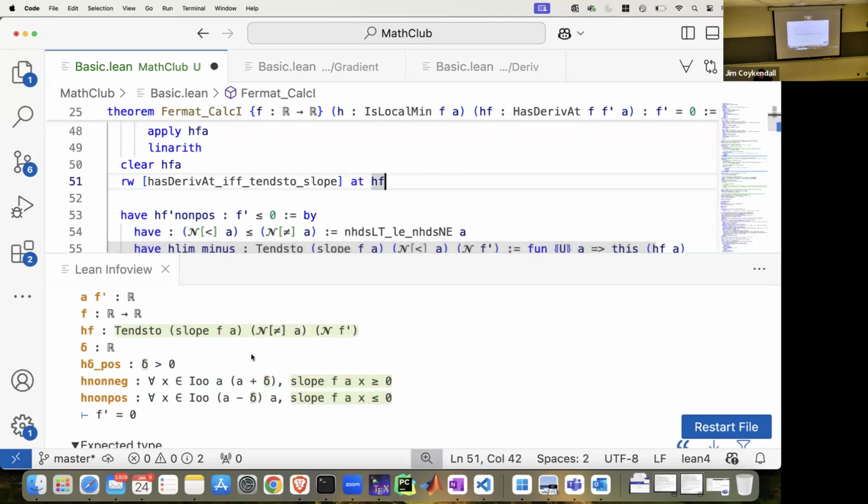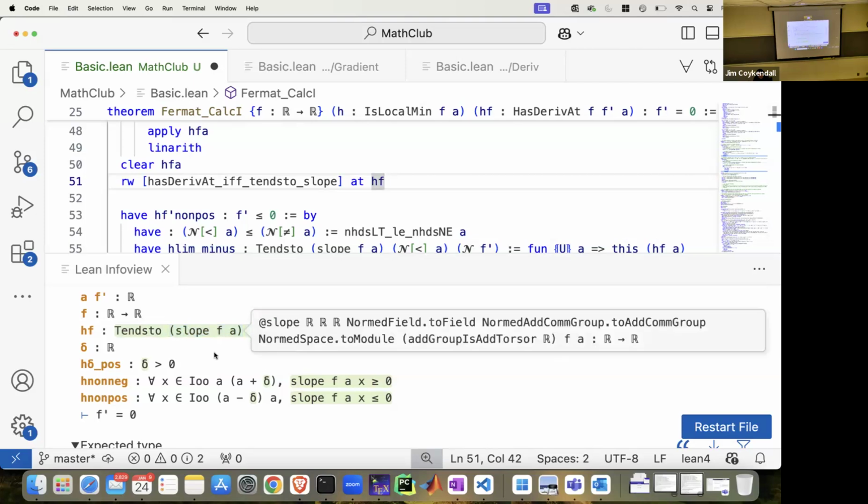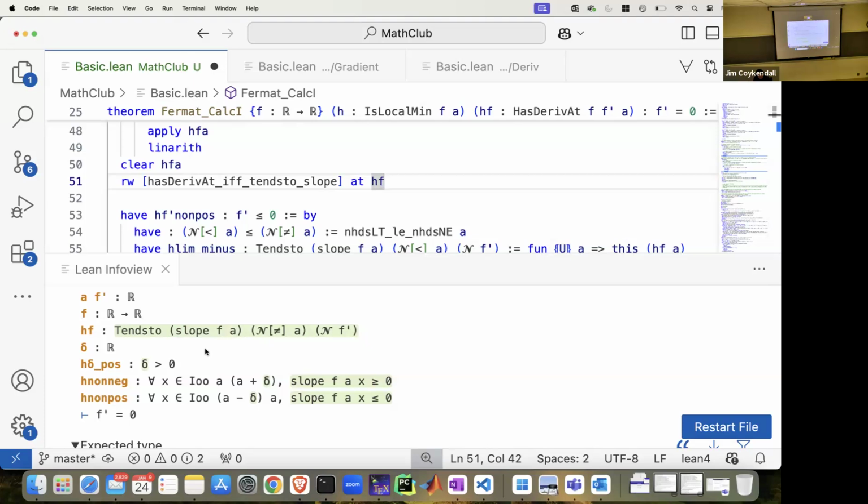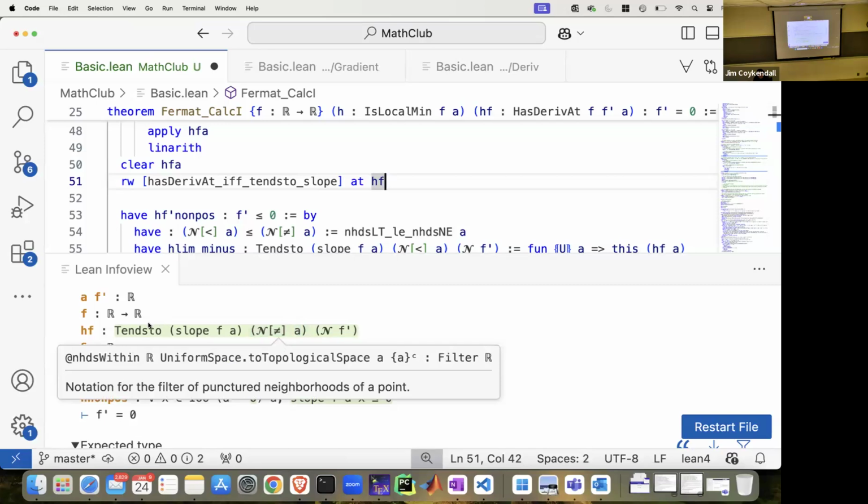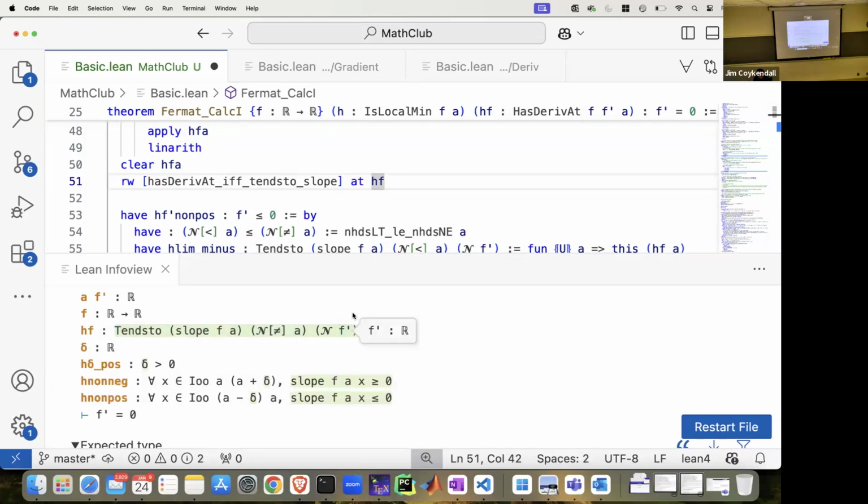Ling's way of saying the limit is going to be the following. The way it's going to do is it's going to say that if I take a look at this function, and if my variable x is approaching a, but it's not exactly equal to a, then this limit is going to tend to f prime. So if you read this in the limit kind of format, it still kind of makes sense.